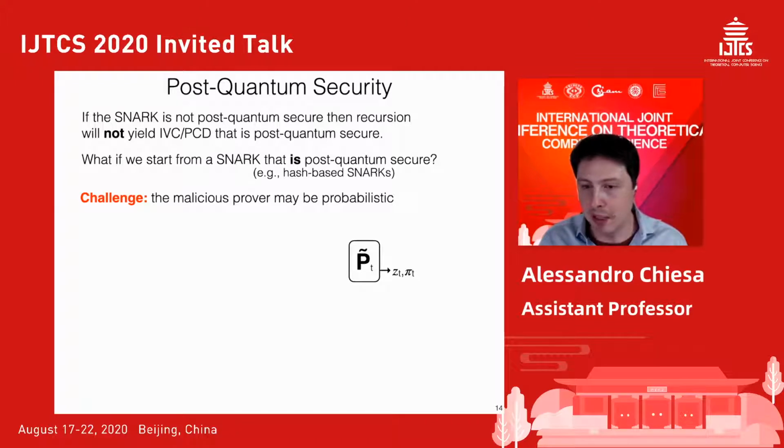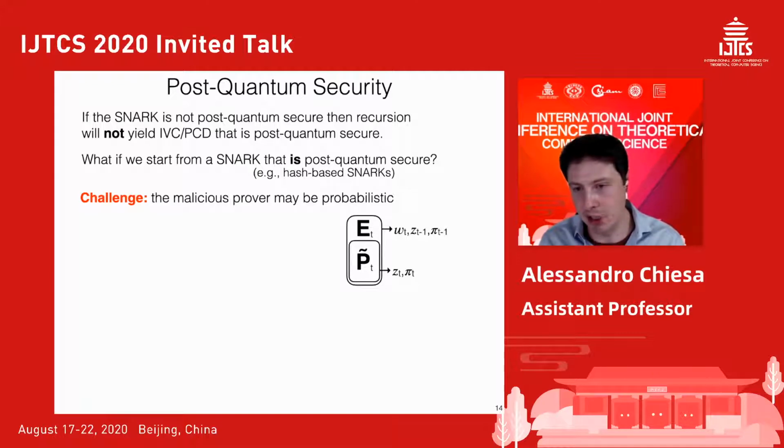And we want to argue that because this prover is reasonably successful, there is a history of local witnesses that certify that Z_T really is a possible state after T transitions. The way you do this is you apply the proof of knowledge property, and you obtain from the extractor a witness to the statement that was proved. So we have a prior local witness, a prior input, and a prior proof.